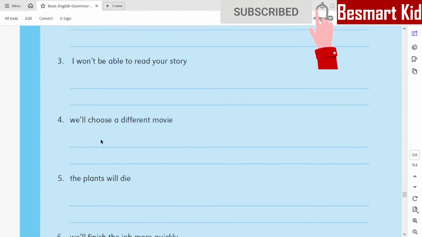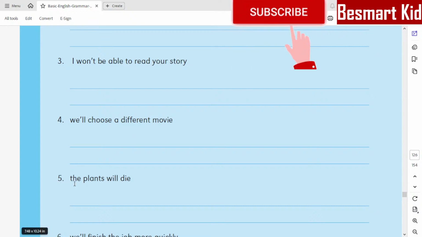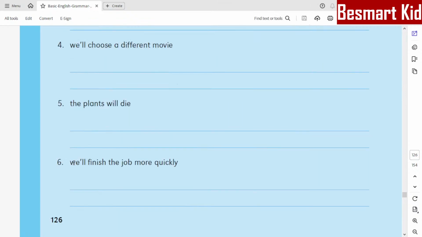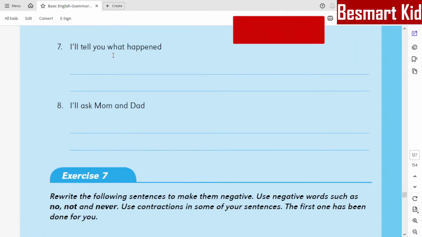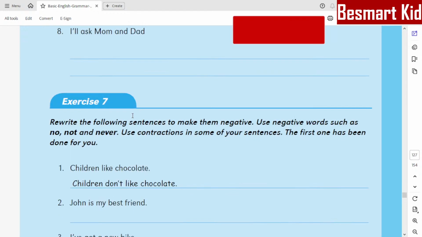Fourth, we'll choose a different movie. Fifth, the plants will die. Sixth, we'll finish the job more quickly. Seventh, I'll tell you what happened. Eighth, I'll ask Mom and Dad.